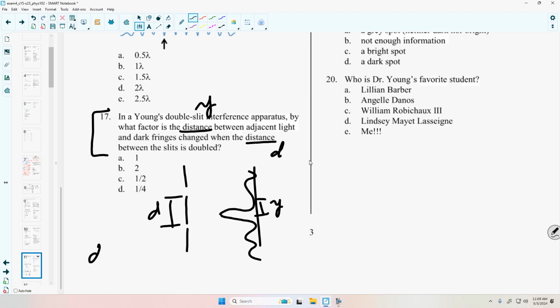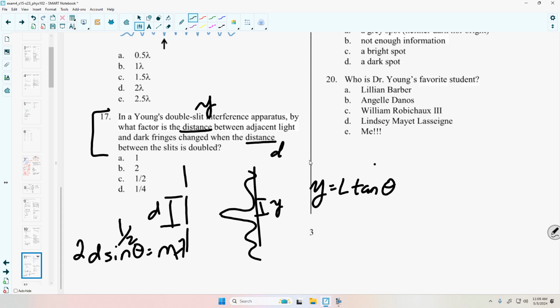So d sine theta is equal to m times lambda. When I double this distance, then that will change the angle. If the distance d goes up, the angle is going to go down. And then I say y is equal to L tan theta.